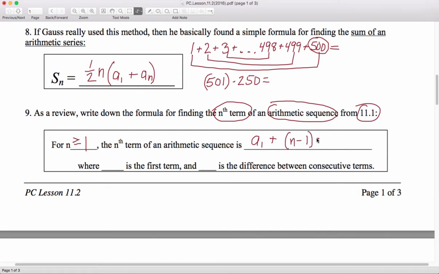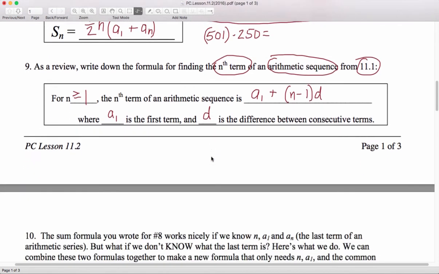That's the formula we've already been using for a few days. And just as far as the definitions go, a sub 1 is generally the notation for the first term, and d is the letter we use for the common difference between consecutive terms in an arithmetic sequence.